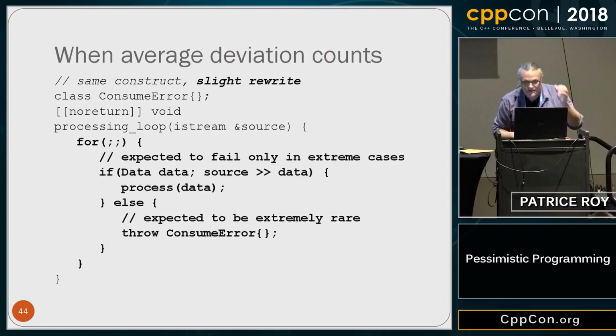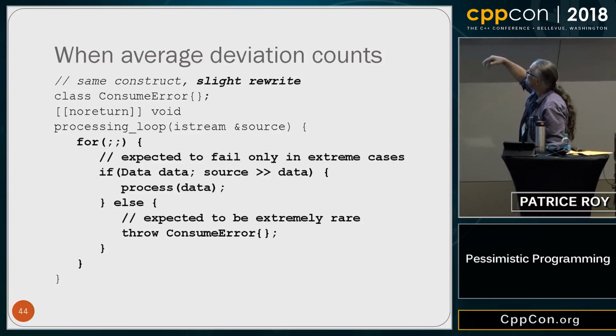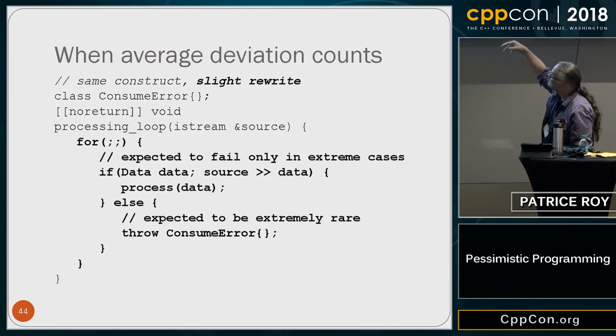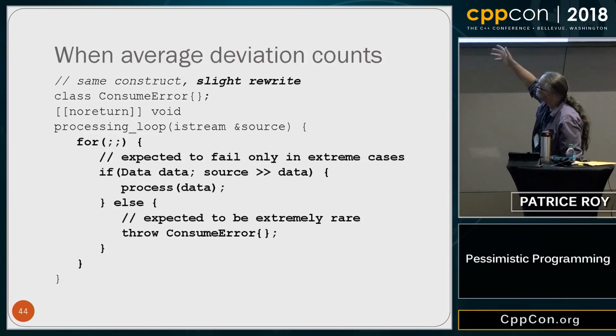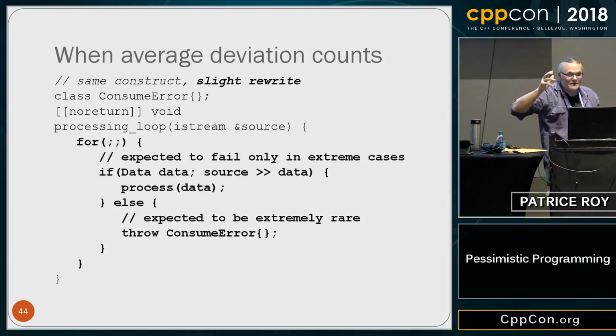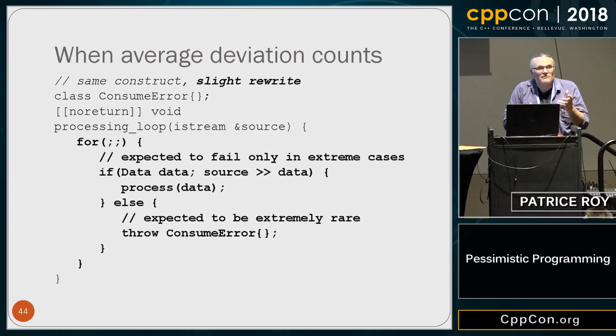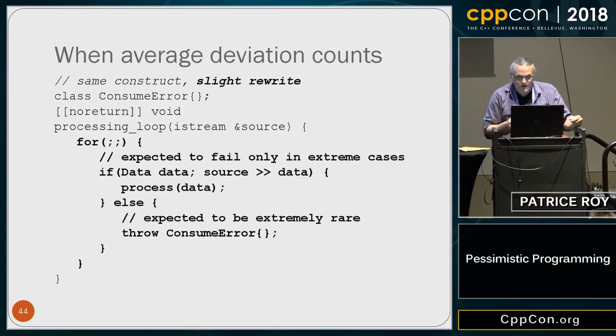So if you rewrite it this way, just an infinite loop, and if you get something while blocking, you process some data, and otherwise you throw something. Again, it's the same loop as before. I mean, you're expecting to fail only in very extreme cases. You can see that you're not processing the data at a stable rate in this case if the I/O is blocking.